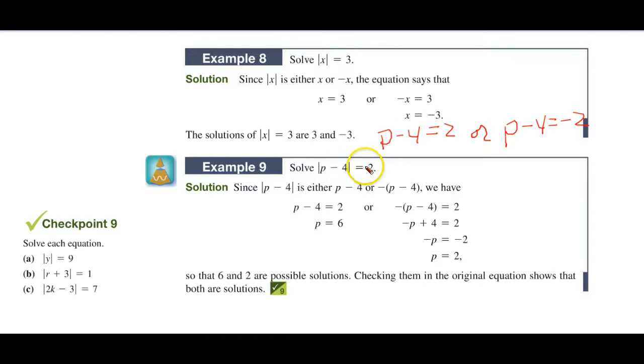Take away the absolute sign, and then what's on this side, we reverse the sign. And then we solve this. So here this is p, transpose that equals 6. Here p, transpose that becomes a positive 4 equals 2. So there are your answers, 6 and 2. And that's the procedure for doing it.